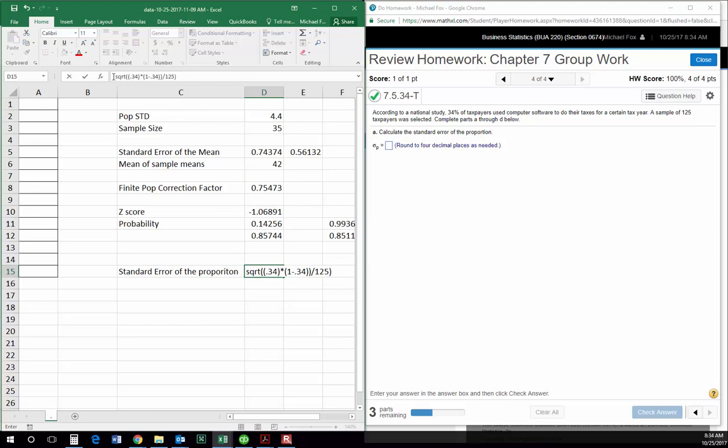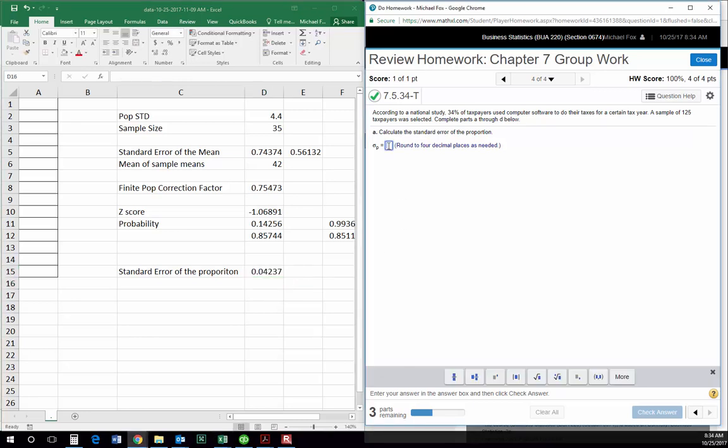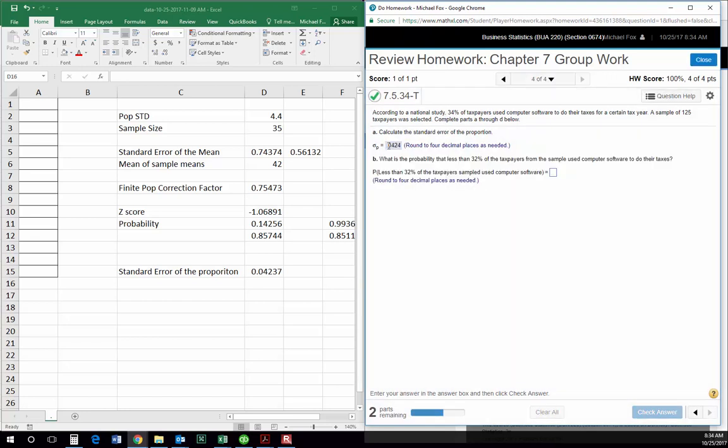Oops, I didn't do an equal sign, and so Excel doesn't know what I'm talking about. All right, so again, it is P times 1 minus P divided by N. That's our standard error of the proportion. Got to watch your rounding.